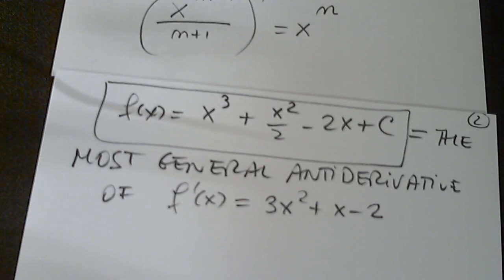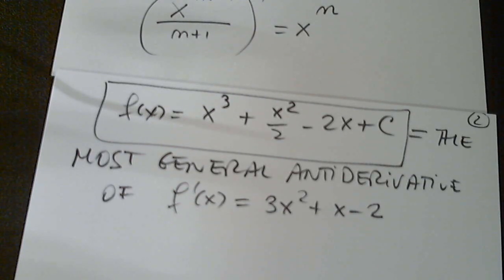So in this case, we are not asked to find the most general antiderivative, all functions that have this derivative. No, we are specified, find that one that also fulfills the given restriction.